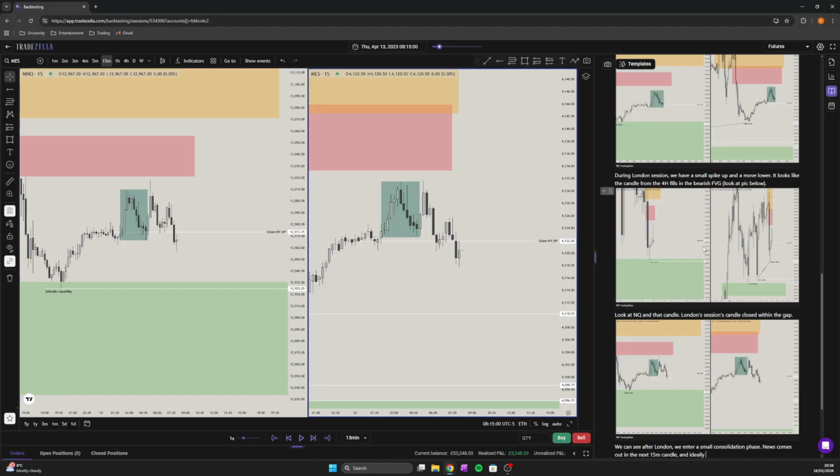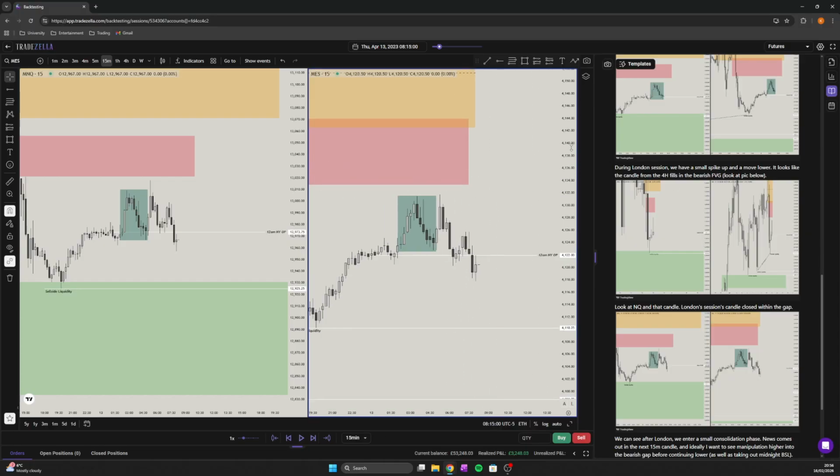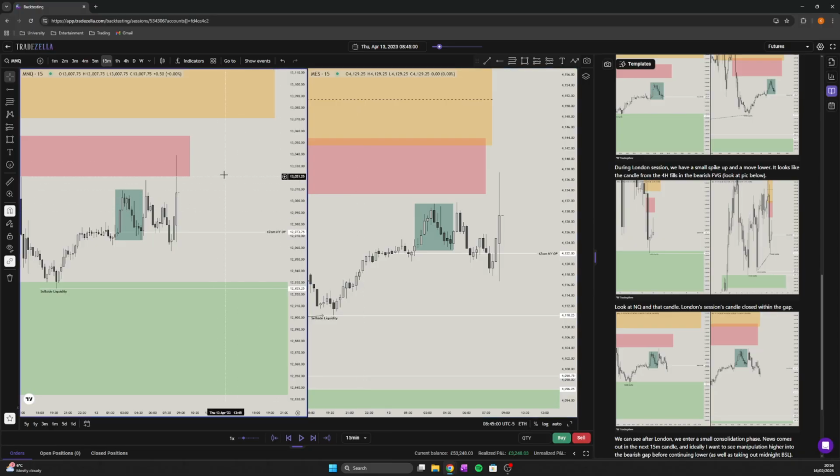And ideally, I want to see manipulation higher into the bearish gap before continuing lower, as well as taking out midnight open liquidity, right? So just look what happens. Okay, that's cool.